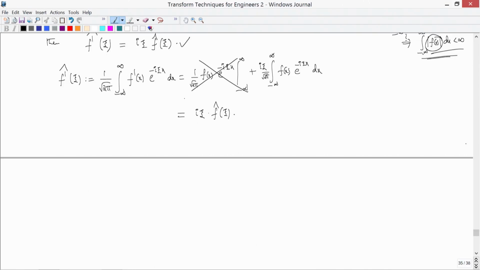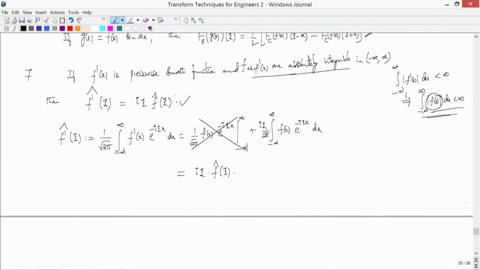From this, if f is a piecewise smooth function, you can see that f cap of xi is actually 1 divided by i xi times f dash cap of xi.